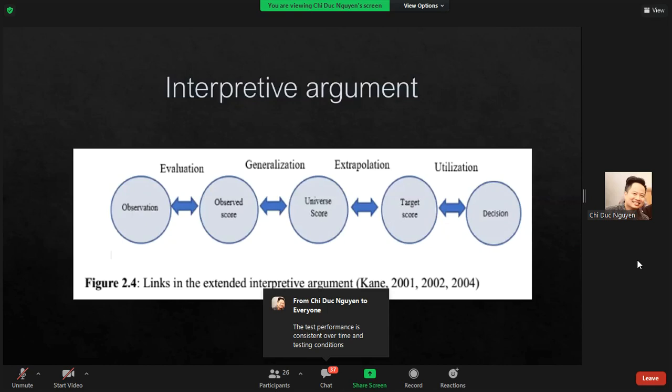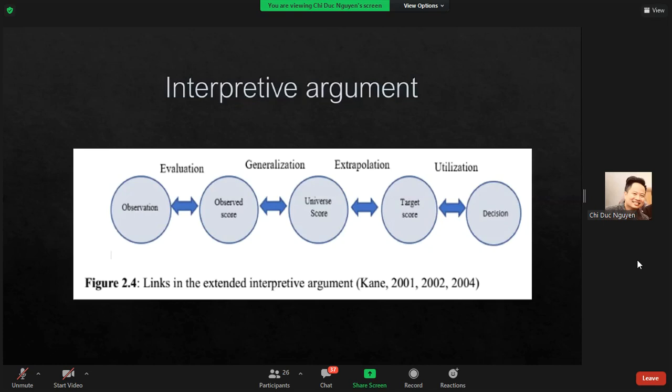And if I carried out the test in a similar condition, your outcome must be the same. That is about generalization. So we talk about the internal consistency of the test. What kind of evidence do we need to generate here to support the second claim?